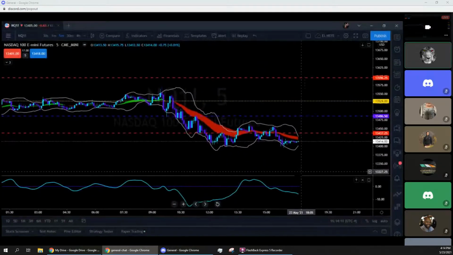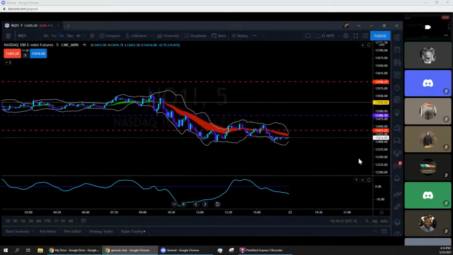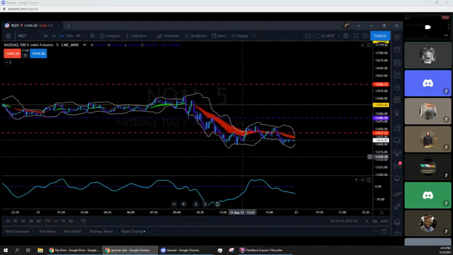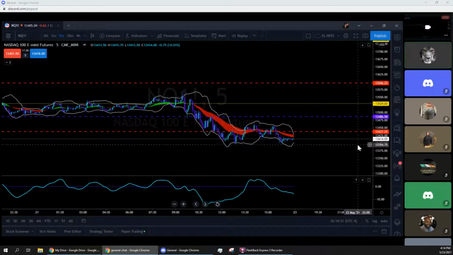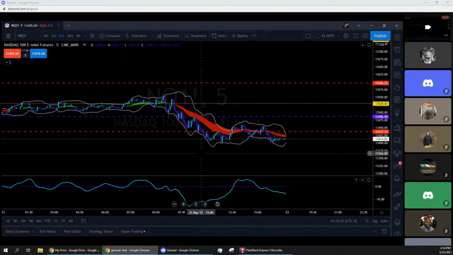That's the way I use these levels, and that's what I do every day. But don't get hung up on this 110 number, because that 110 number will change as the overall price of this NQ increases. So just a heads up on that. All right.